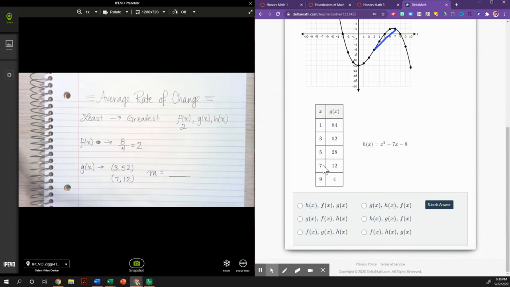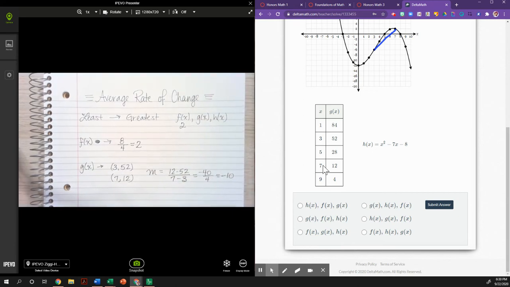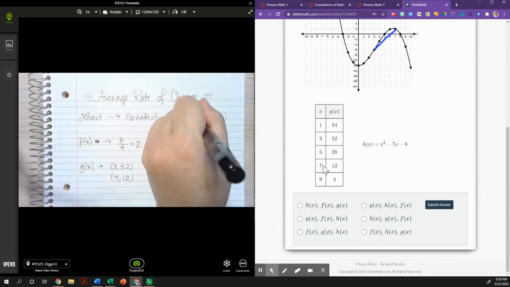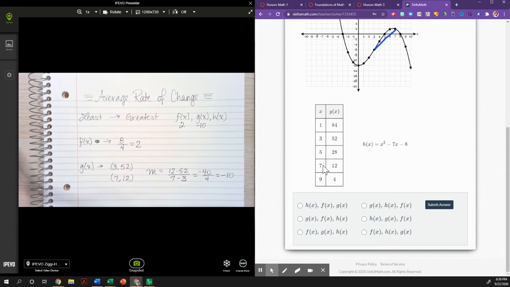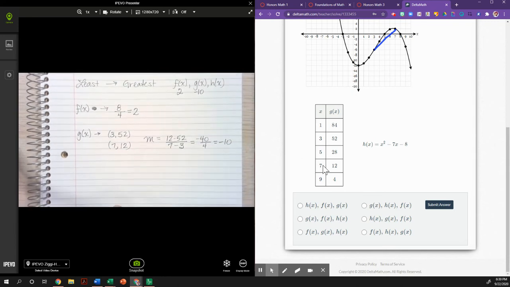So m equals 12 minus 52 over 7 minus 3. 12 minus 52 is negative 40, over 7 minus 3, which is 4. That gives me negative 10. So the average rate of change for g of x is negative 10.